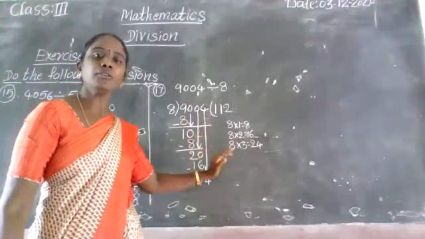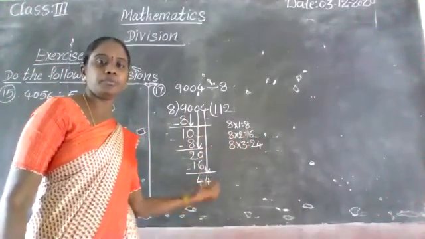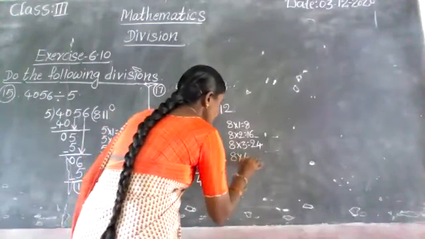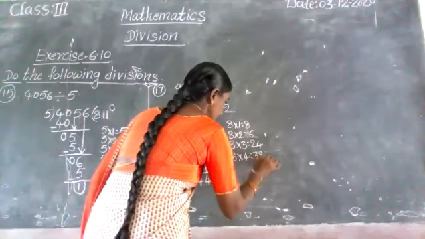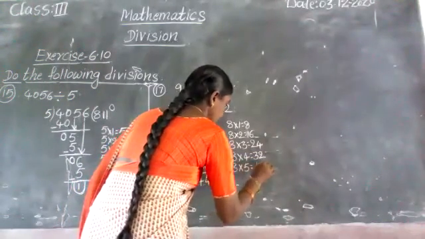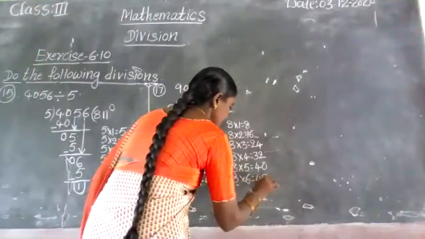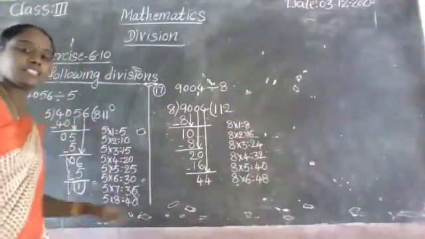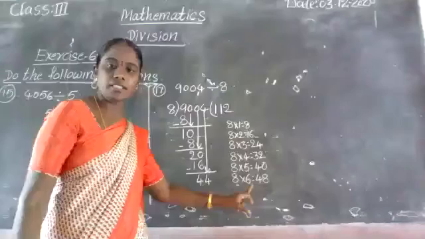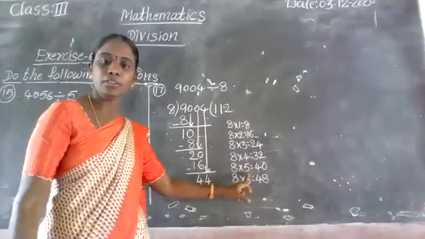Otherwise, we have to take the nearest and smaller number to 44. Check once. 8 fours are 32, 8 fives are 40, 8 sixes are 48. See, children, we want 44, but is 44 there? No, not there. So what do we do?